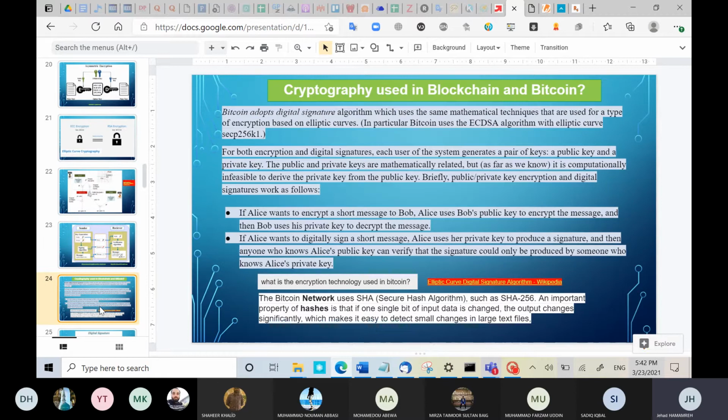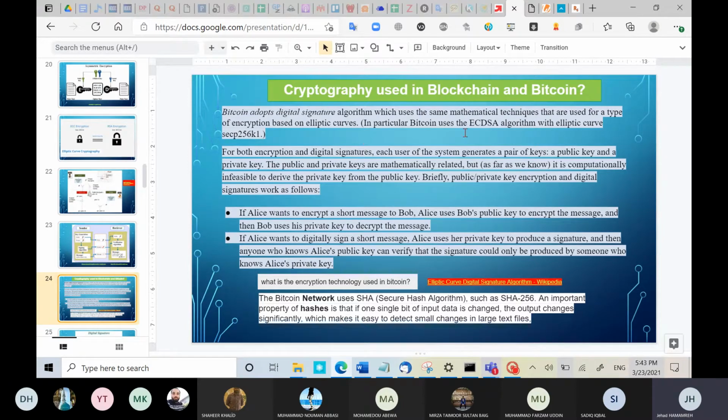So since we have talked about cryptography in blockchain and Bitcoin, what are the exact algorithms that are used in Bitcoin and cryptography? Bitcoin adopts digital signatures, as I just mentioned before, to sign with the private key. And it uses the same technique that's used in elliptic curve encryption, ECC basically, that I showed you on a website like this, where you click and you see the link of the ECC and the strength of the encryption method.